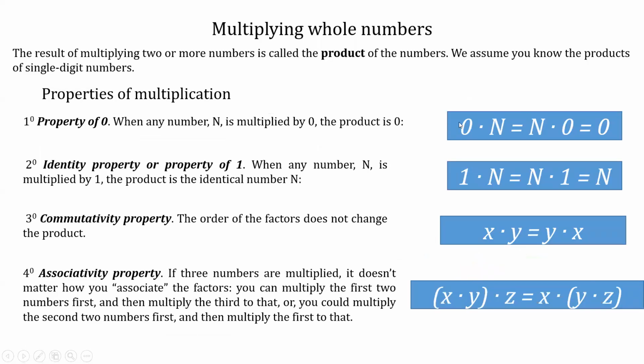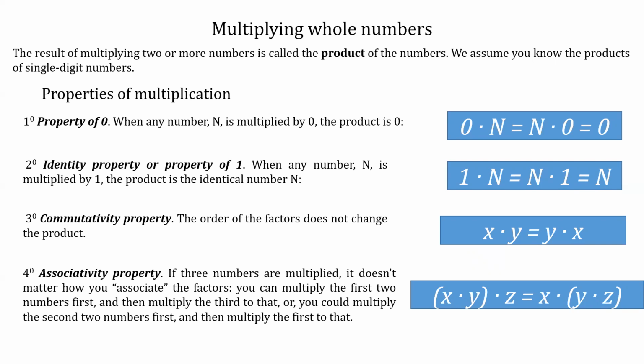So the result of multiplying two or more numbers, as we said above, we call the product of the numbers. I hope that you know the products of single-digit numbers.